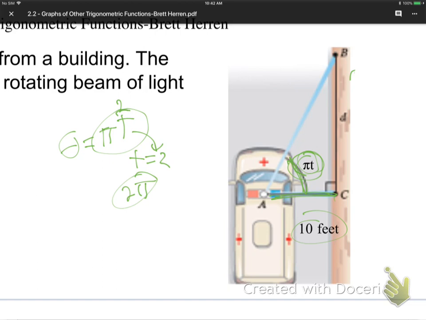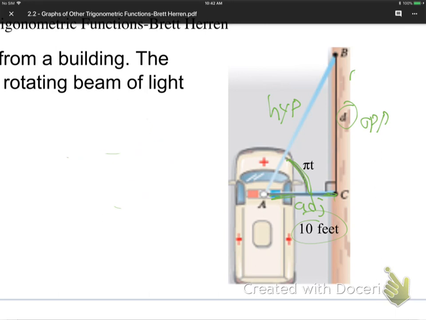Now they just set up a little right triangle and they're trying to find D. So here's my angle, theta. This is D, the opposite. This is the adjacent. This is the hypotenuse. What trig relationship could they set up to find D using the 10 and the angle?